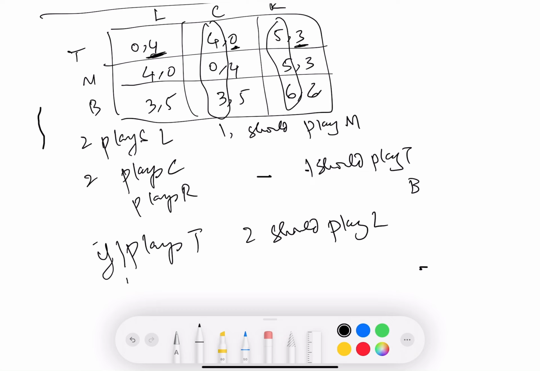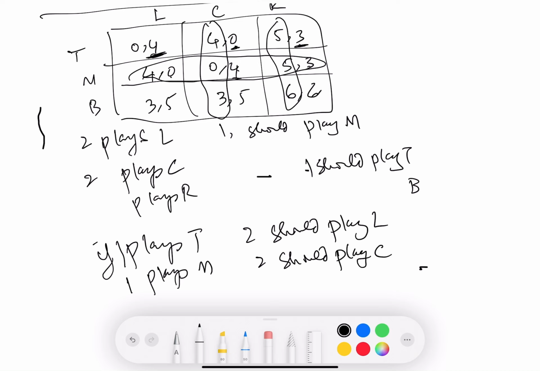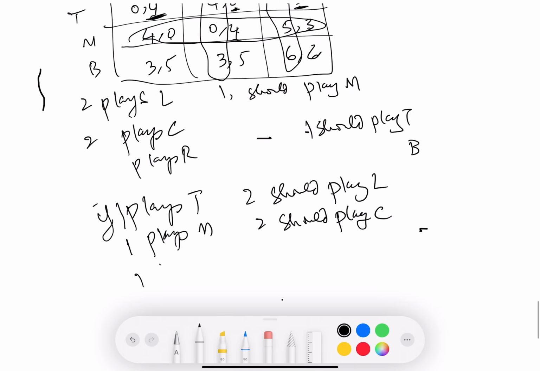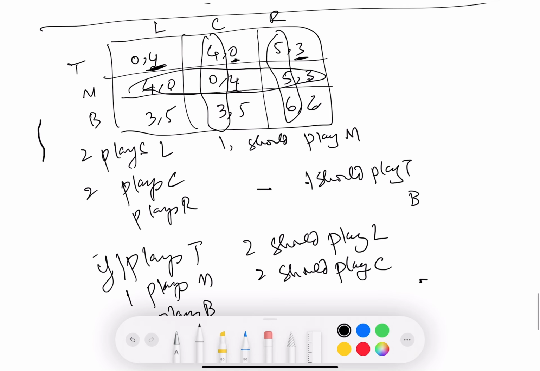Well, okay. If one plays M, what should 2 do? Then I'm looking at this row, right? So 4 is better than 3, 4 is better than 0. 2 should play C. If one plays B, what should 2 do?